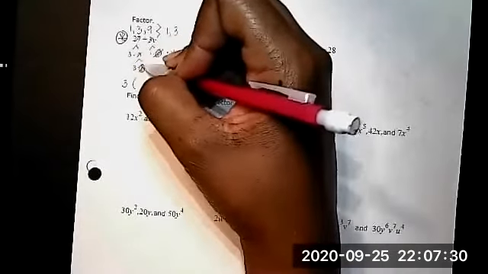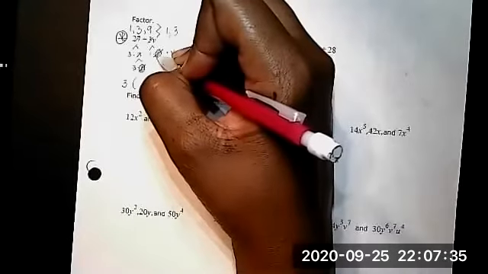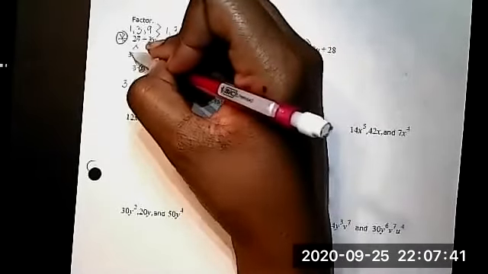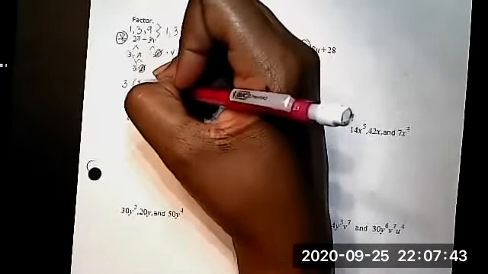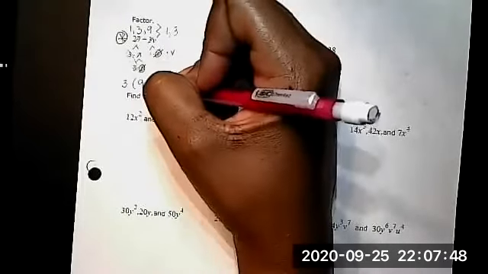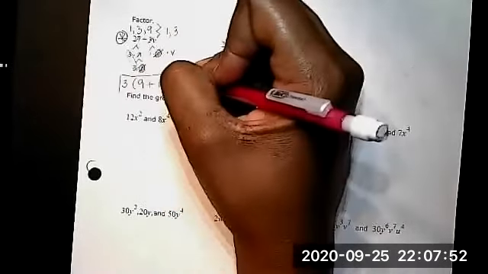For the 27, the 3's were common, so I took them out and I put an X through them. And there's a better way to do this, I'll do that for this one. So once I took that out, what was left over here was 3 times 3, which is 9, plus what was left over here was just the v. So when I took the 3 out, 9 plus v is left.